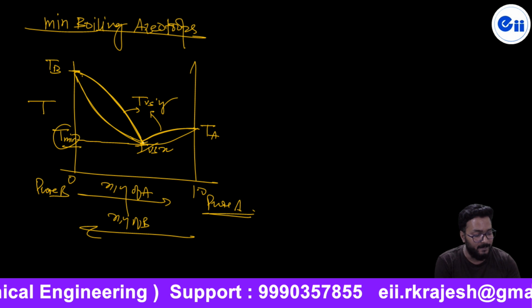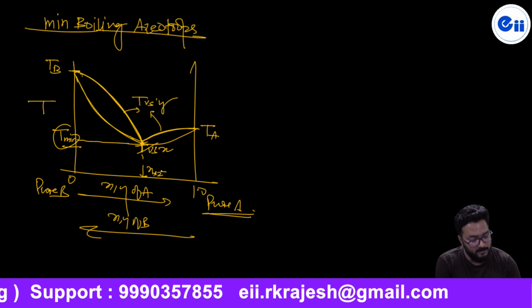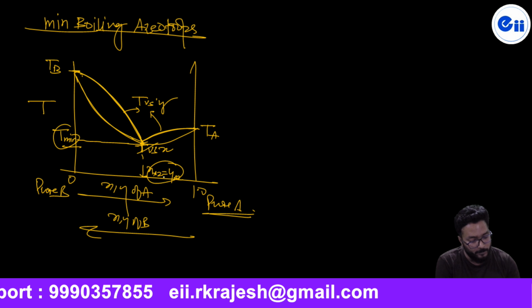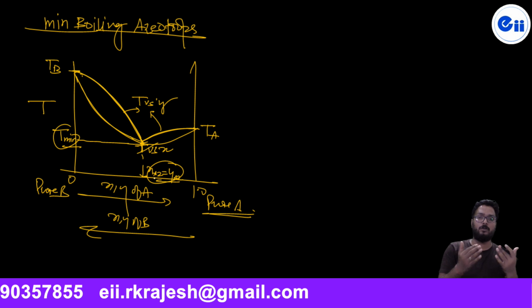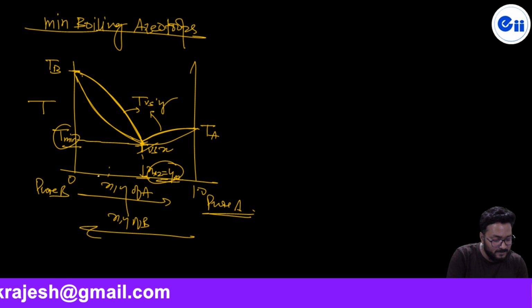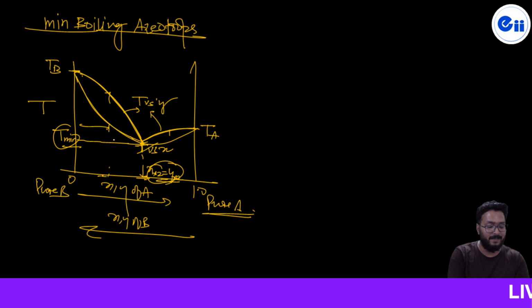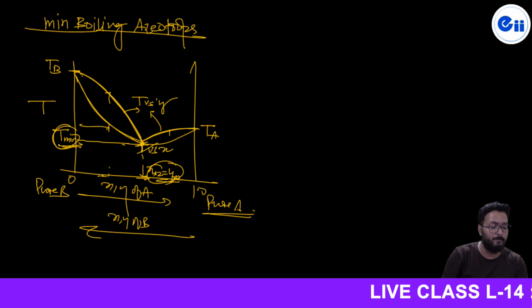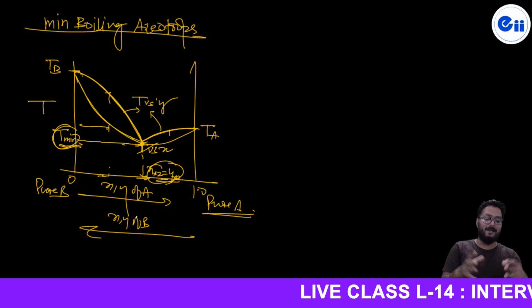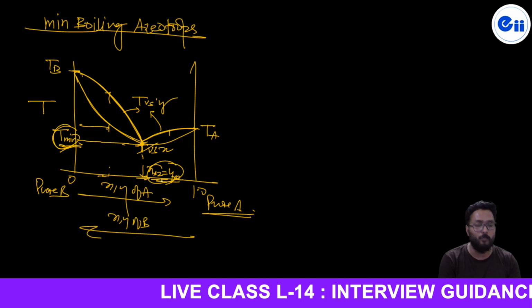For the mixture, also x equals y here, and this is called x_AZ equal to y_AZ, the azeotropic composition. x and y are both equal because they are going to form an azeotrope. Now, before this composition we have a bubble point and a dew point. After this also bubble point and dew point, but here the bubble point and dew point are the same, a common temperature, and that is the minimum. The mixture is going to boil at the common minimum temperature called the minimum boiling azeotrope, and at this point x is equal to y.